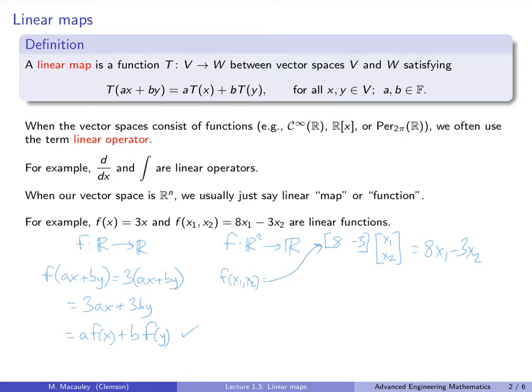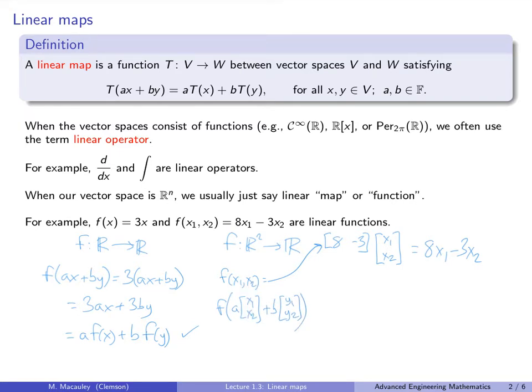Now let's check that this is indeed linear. So let's take f of, and I'm going to write it now in vertical form. So f of a times x1, x2 plus b times y1, y2. So remember, I can always write an ordered pair vertically if I want to.